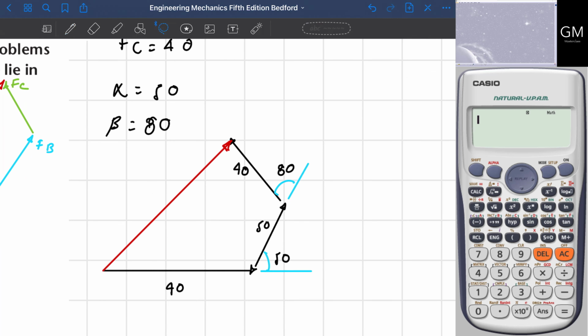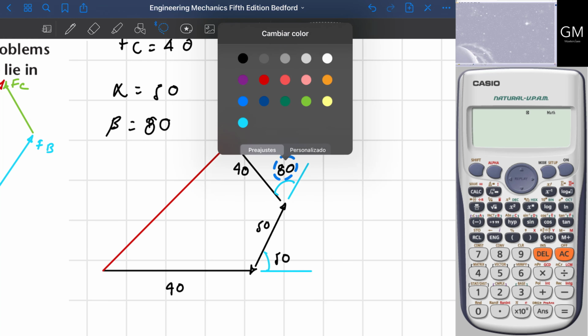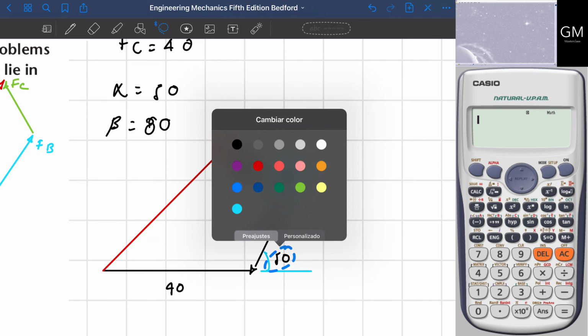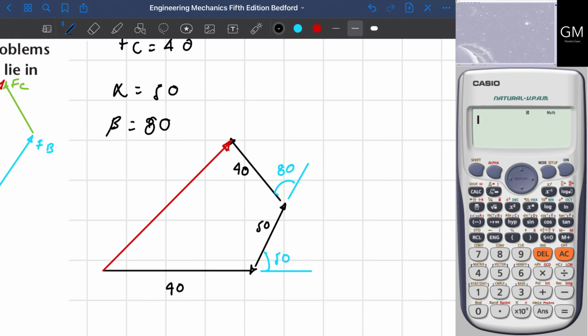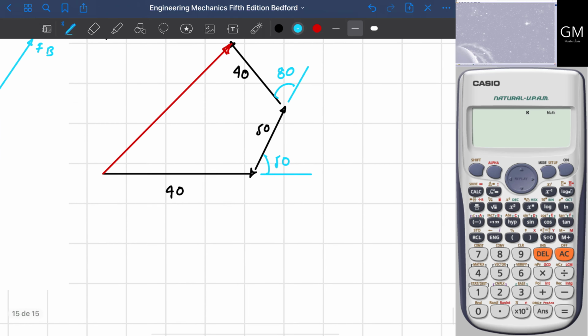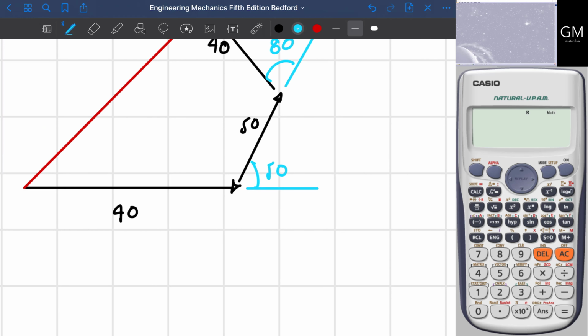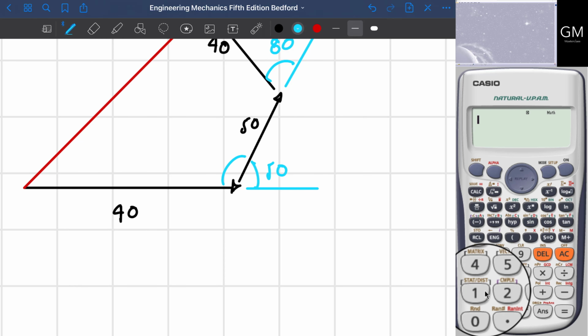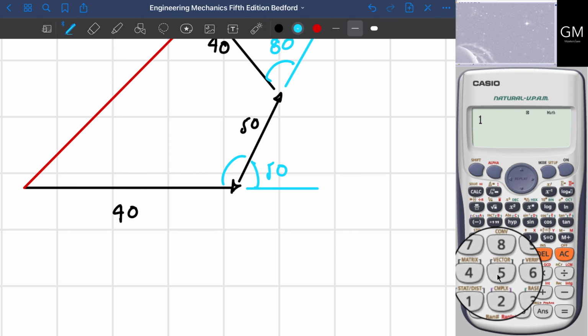Okay, so let me change this color and this color. Because of this, I have right here a value of 180 minus 50, that equals 130.